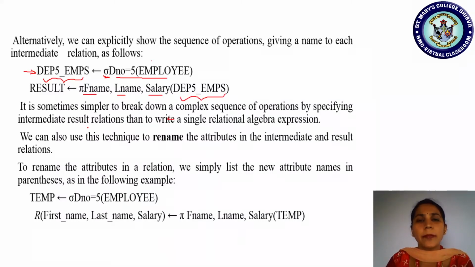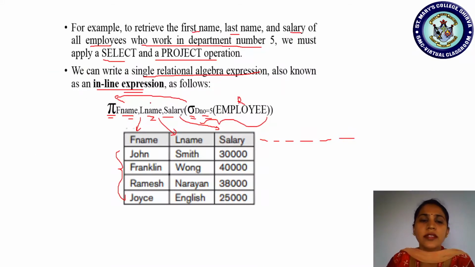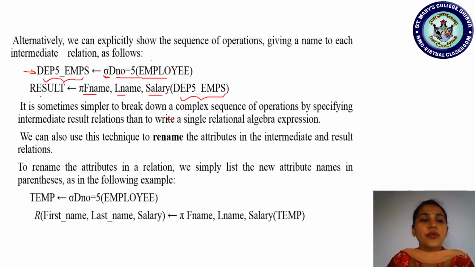With this new table holding the result, we are projecting only the first name, last name and salary. Is that clear? So the final answer is this table, and this final output will be held in a new relation named Result. Result is also a new name we have given to store the final output.